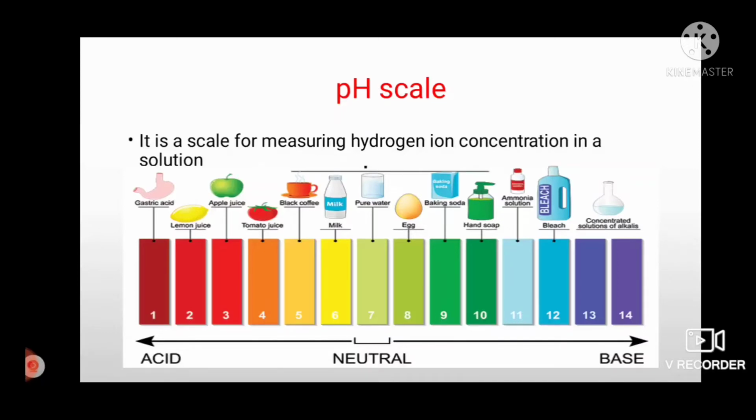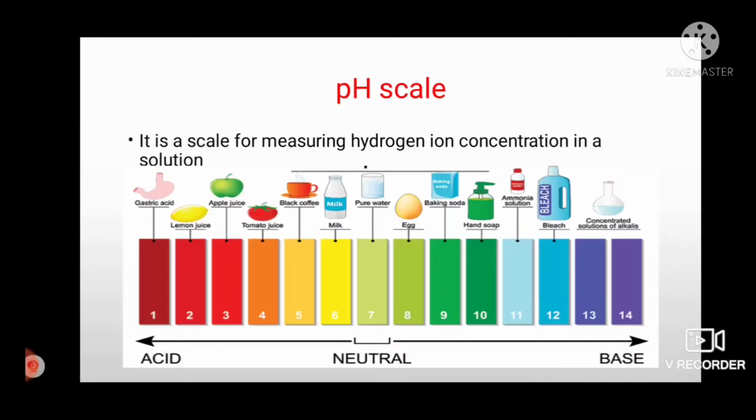In 1909, Sorensen devised a scale known as the pH scale, on which the strength of an acid solution as well as a base solution could be represented by making use of the hydrogen ion concentration in it. The P in pH stands for potenz.